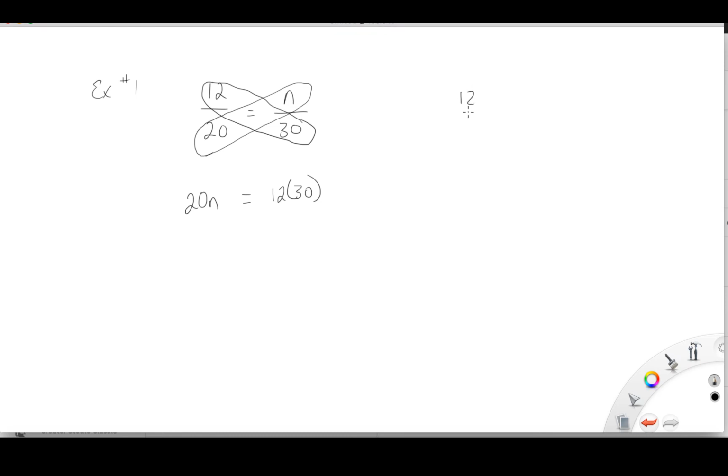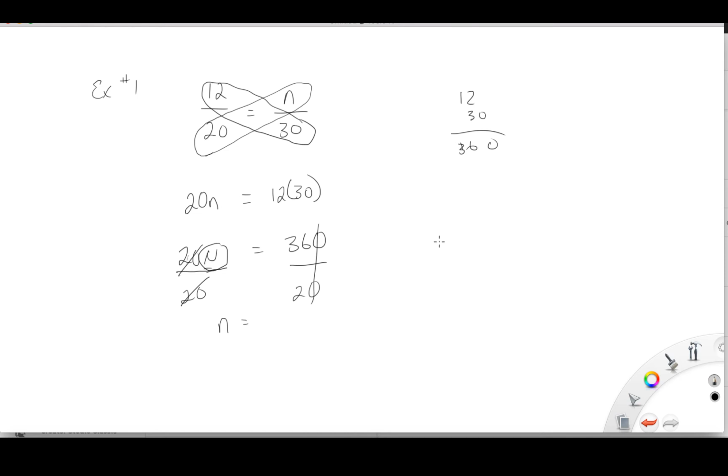Okay, so we're going to have to do some work over here. Let's multiply 12 and 30, and we get 360. So 20n equals 360. Now, how do we get n by itself? It's really simple. We divide by 20 on both sides. That cancels out, and guess what's left over? n equals 360 divided by 20.